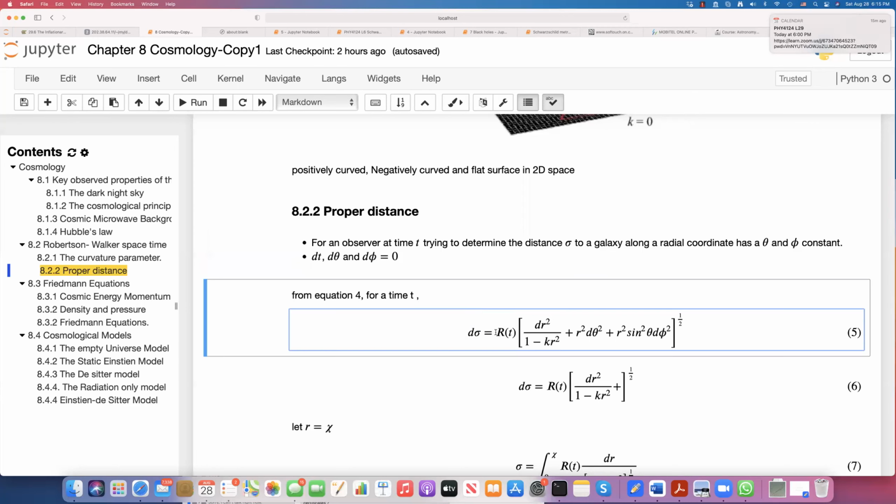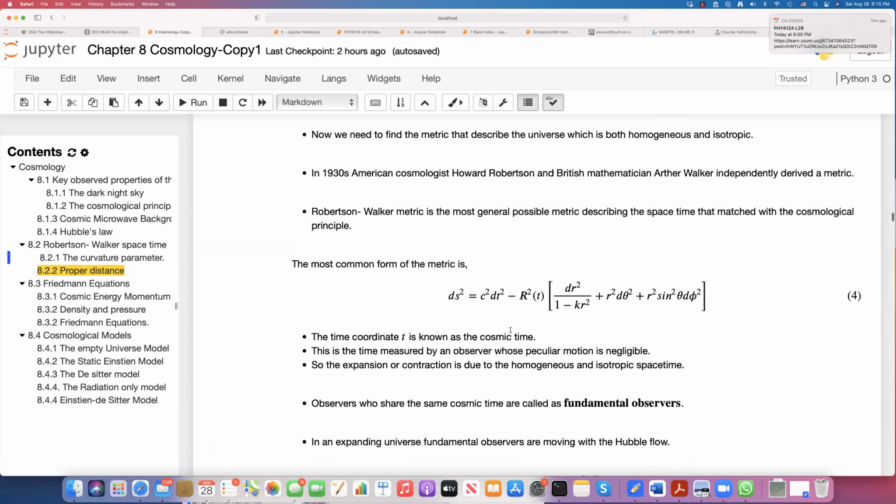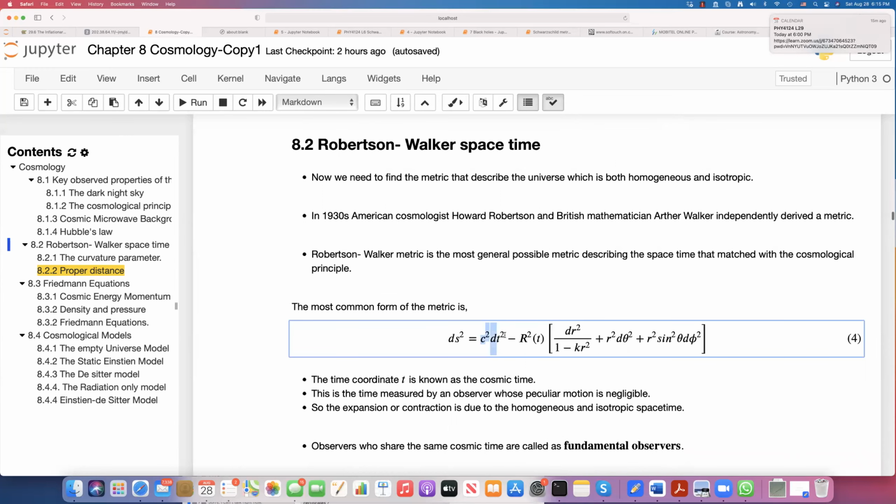And your equation will become something like this, because for a time t, the dt factor will be 0. So all you have is this section right here, R squared(t) times this whole expression. And when you take a constant theta, these two terms, d theta and d phi, will vanish.